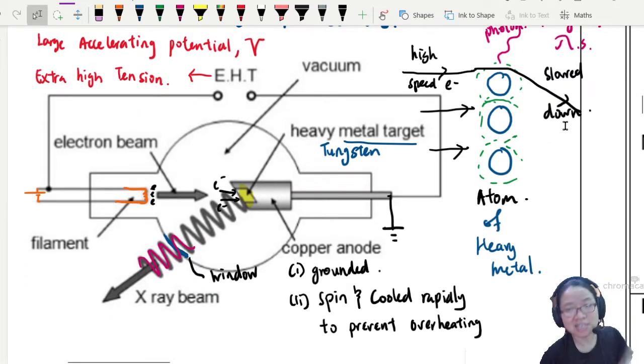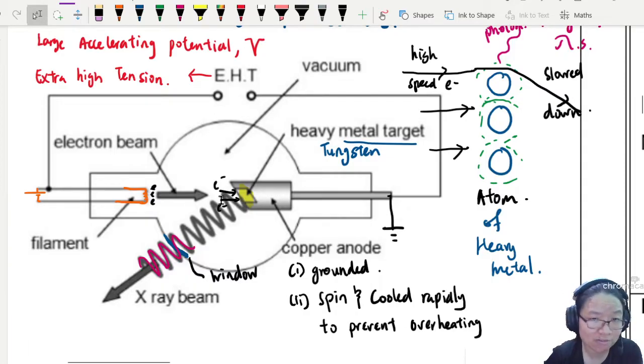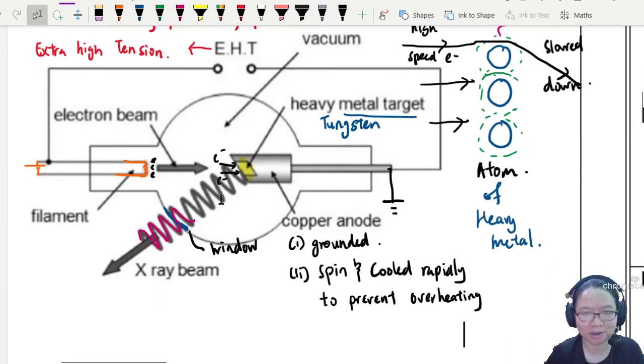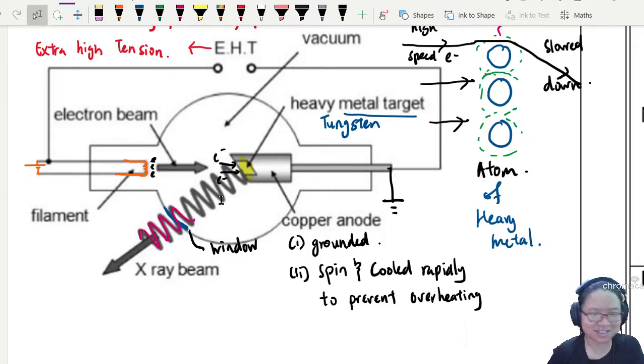They will still disturb the heavy metal target. So the heavy metal target will become very, very hot. You don't want it to melt halfway. You do your experiment halfway, you take your X-ray image halfway, then suddenly, GG, your X-ray tube melted. Is that going to happen to my laptop? I don't know. Anyway, to prevent overheating of the metal target, hashtag pray for my laptop.